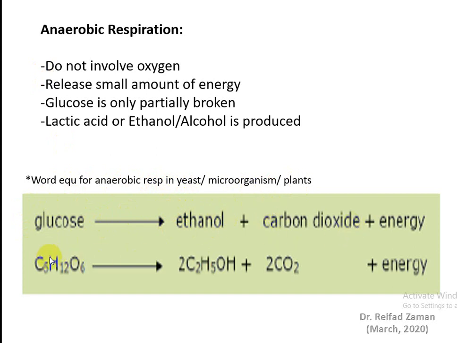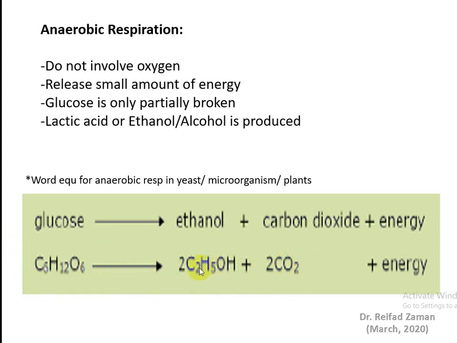In the chemical equation you can see that the glucose is breaking down on its own. There is no oxygen involved here. And the glucose is being converted into ethanol and carbon dioxide. So for every molecule of glucose you get 2 molecules of ethanol and 2 molecules of carbon dioxide.